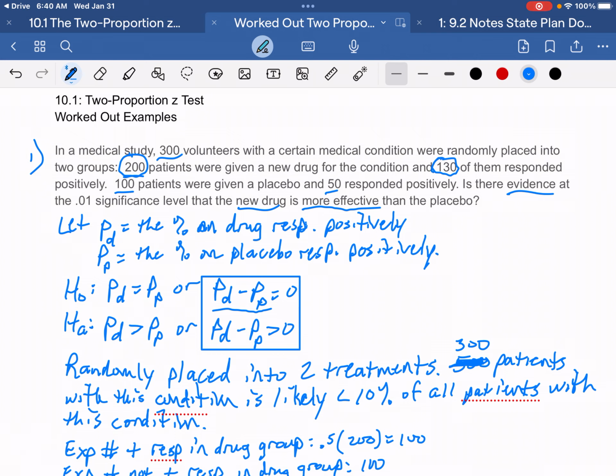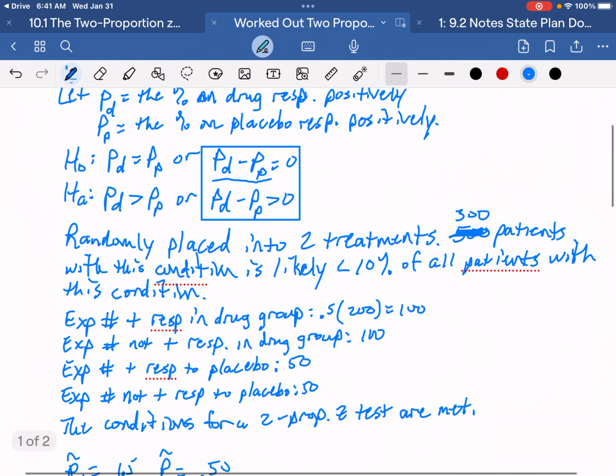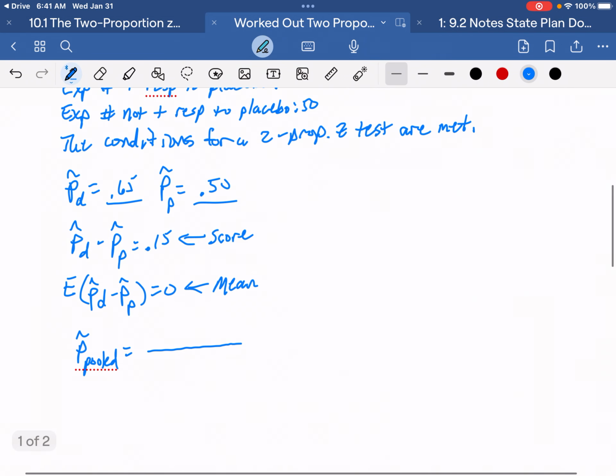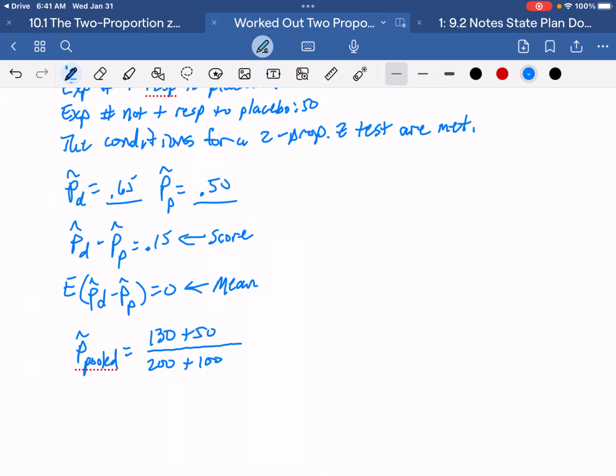There are 130 in the drug group and 50 in the placebo group who responded positively. So that's 130 plus 50. And remember there were 200 in the drug group plus 100 in the placebo group. So that's 180 over 300.